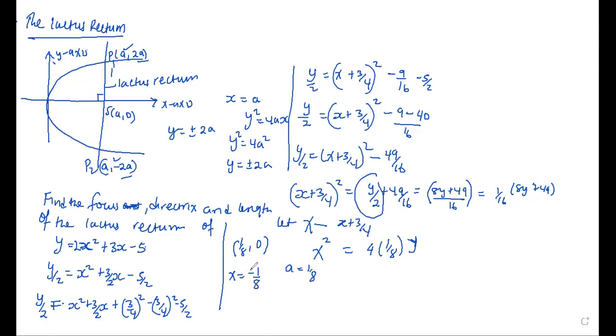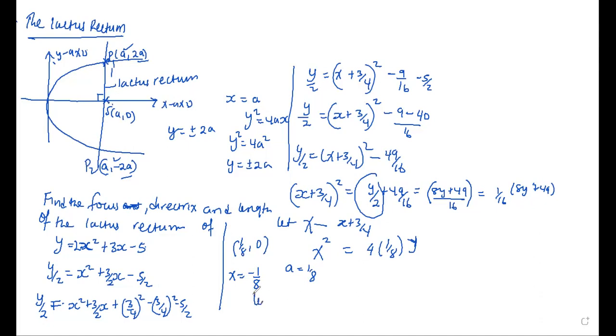Then we are left with the length of the latus rectum. The length of the latus rectum is going to be got from the distance from here up to here. But this distance from P1 up to S is the same as from S up to P2.